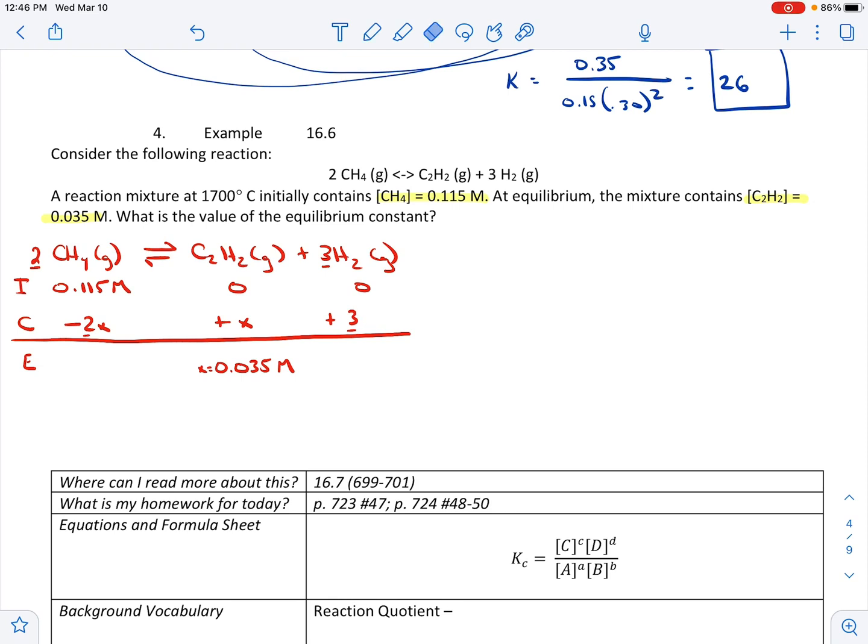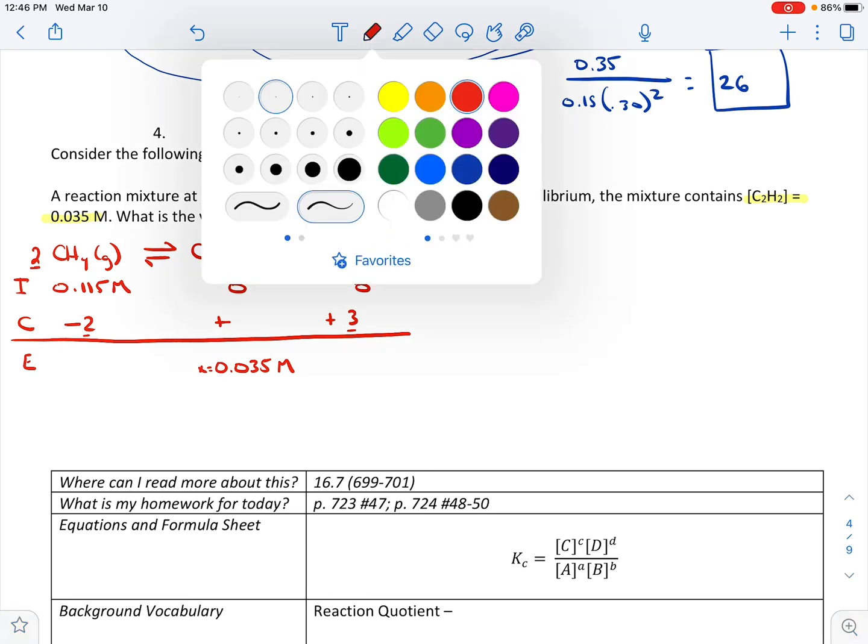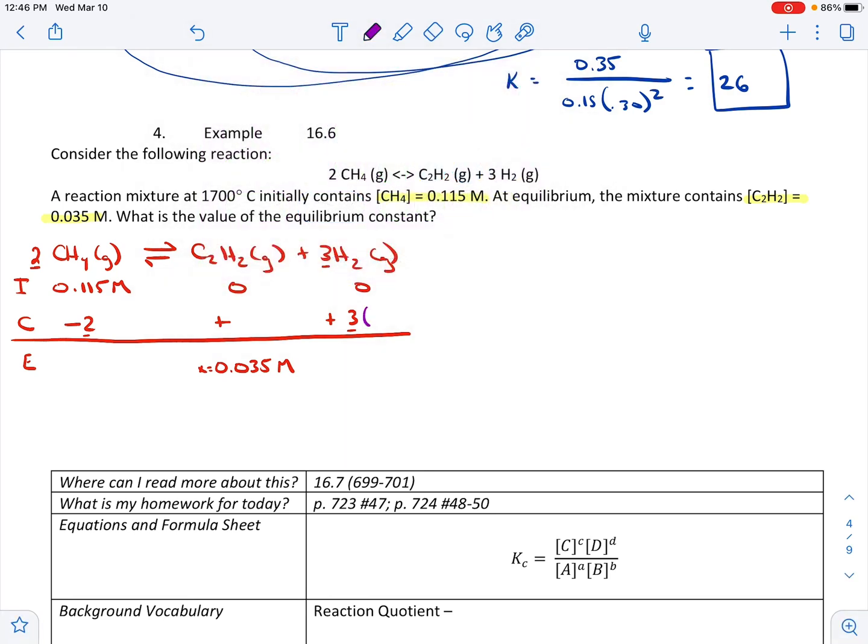for our x's. We'll lose our x's there, and we'll use 0.035 there. And that'll give us our equilibrium concentration. So let's go ahead and take 2 times 0.035 to make sure we're there. And this is going to give us 0.07.